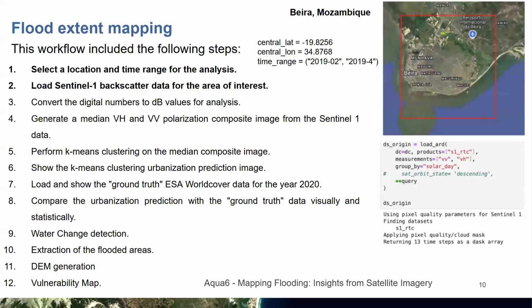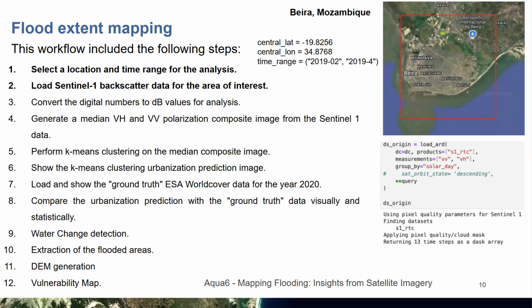For our study, we adopted a quite systematic approach, whereby we used, as mentioned, the Sentinel-1 data. We started off with selecting our location and the time range, then loading our data, converting the digital numbers to decimal values for analysis.